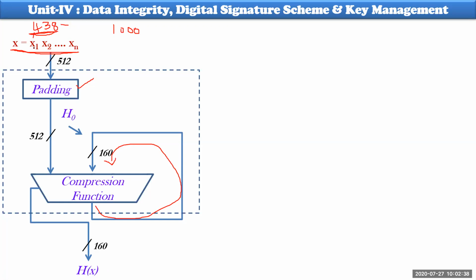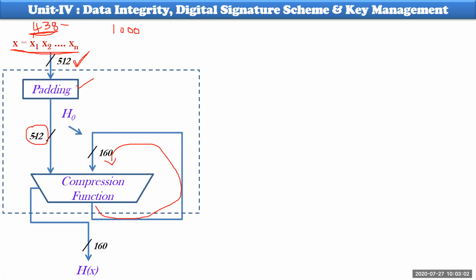Basically, each piece x1, x2, x3 will be 512 bits. Before padding it is not actually 512, it is 448 only. After padding, it will be converted to 512. If you refer to any textbook, it is seen in the same way, so that is why I have given 512 here.